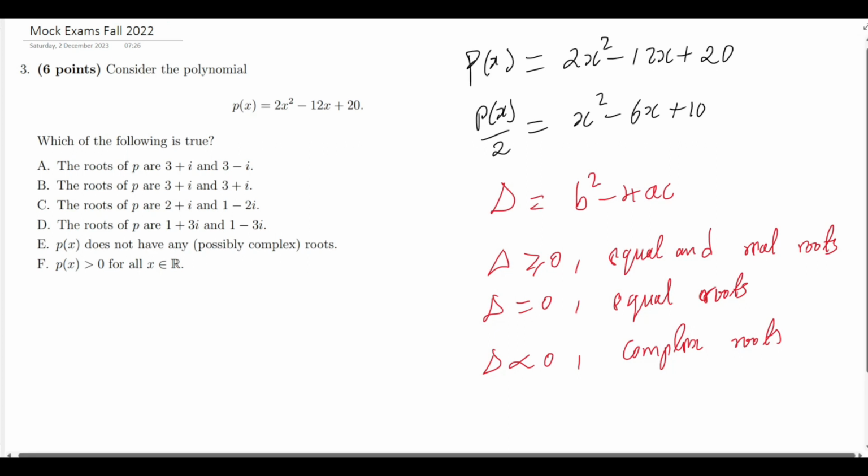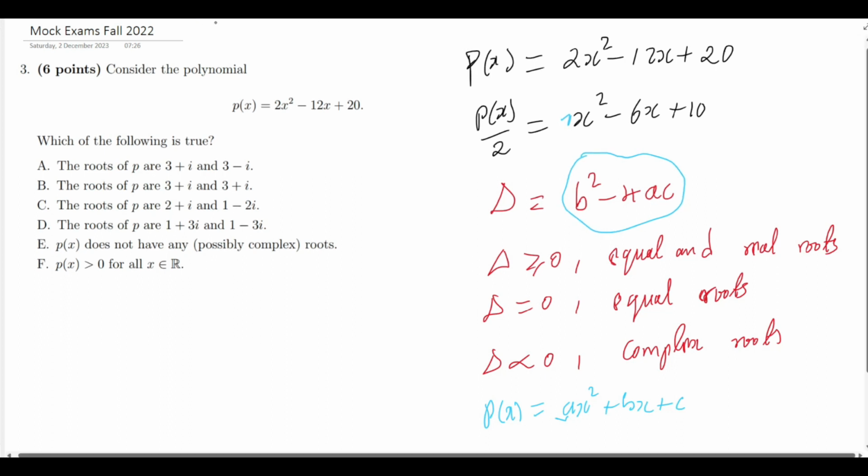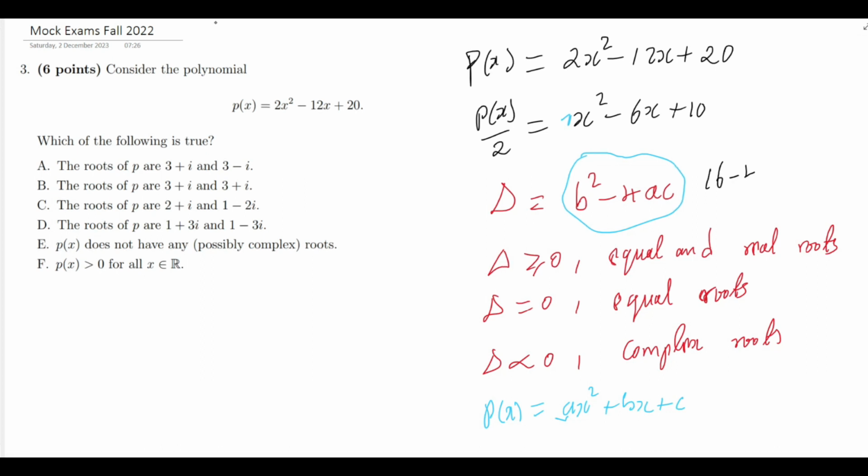Generally, a polynomial is given as p of x equals ax squared plus bx plus c. In our simple example, a is 1, b is negative 6, and c is 10.